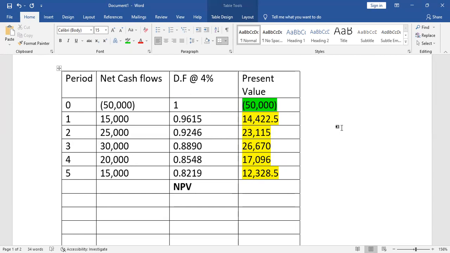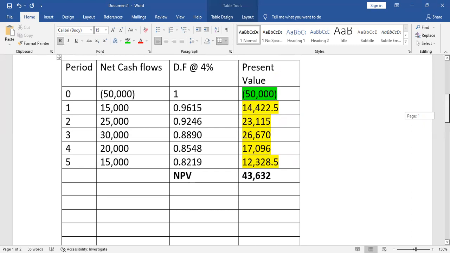Remember, I'm subtracting the 50,000. Then I have 43,632 as my NPV. So that's how you calculate the NPV, and this project can be said to be financially viable since it has a positive NPV.